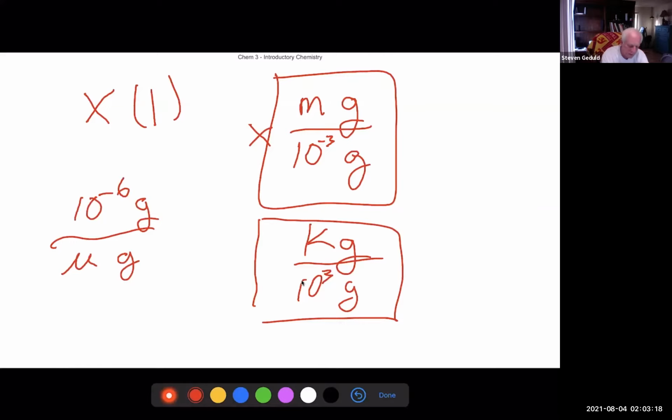So if we have a conversion where we're going to go from grams, say we have 10 grams, and we want to convert that into milligrams. Milligrams goes on top. Milli means 10 to the minus 3 grams.